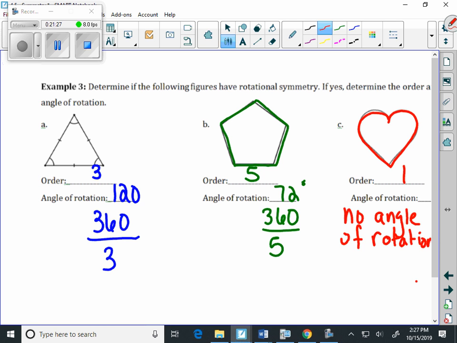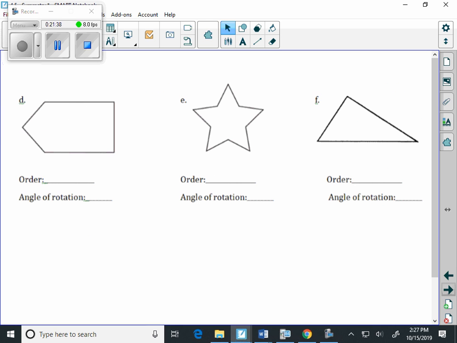It takes us a full circle to go around, and a full circle is 360 degrees. Very quickly here, on letter D, here is our irregular polygon again, but we can't rotate it around. We could do the same thing that we just did with the heart. We could go around once, but it's going to take us a full time around before we get our same figure, before our figure maps onto itself.